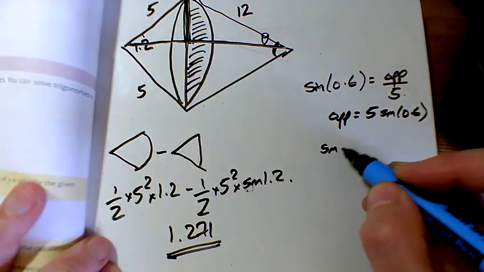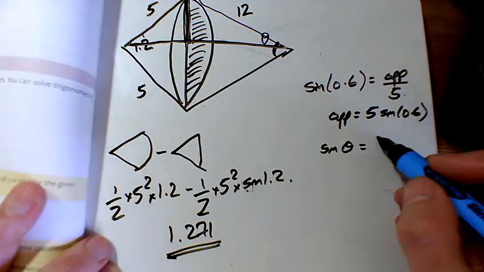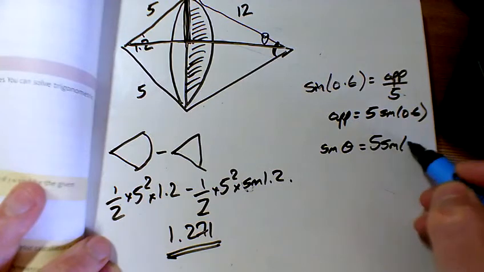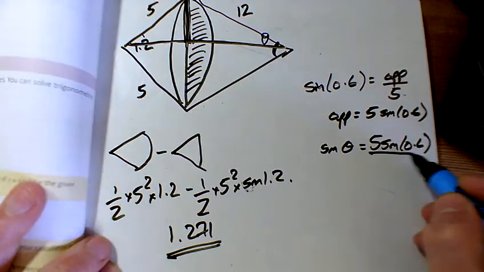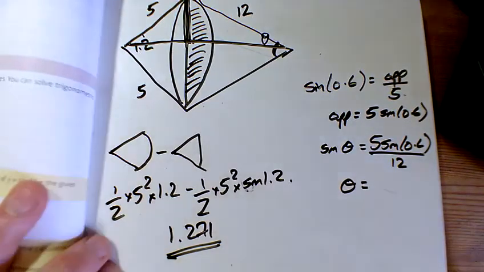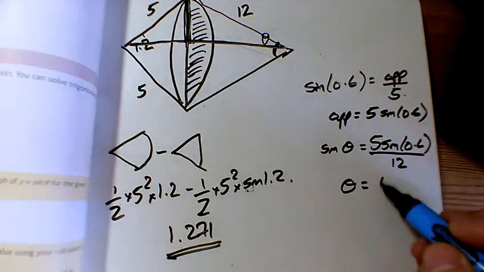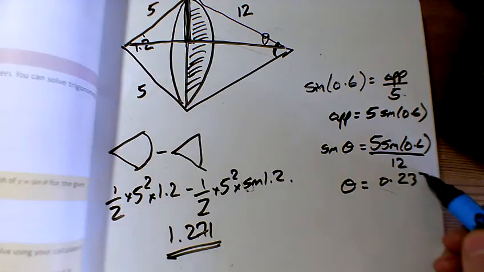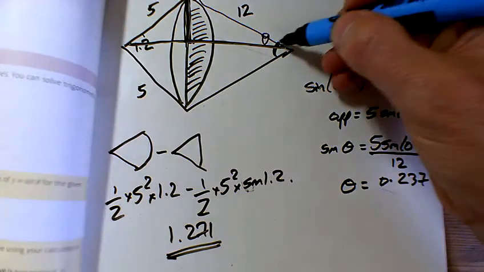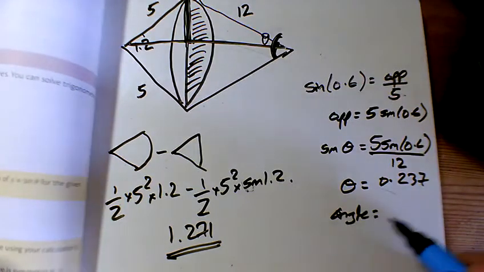And I'd say that the sine of theta is equal to the opposite, which is what we just had, divided by the hypotenuse. And so working that out, I've got 0.23749, but of course the whole angle that we want is double that.